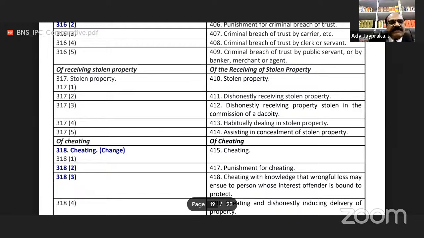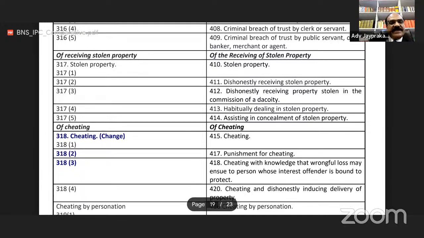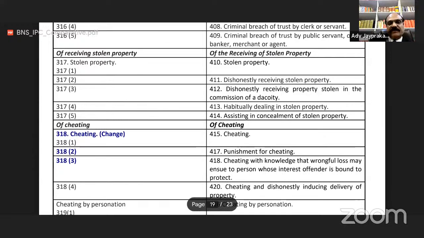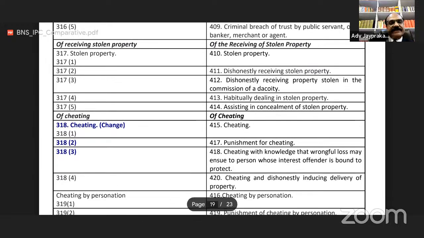BNS section 317(3), dishonestly receiving property stolen in the commission of dacoity. Its earlier section was IPC 412. BNS section 317(4), habitually dealing in stolen property. Its earlier section was 413.